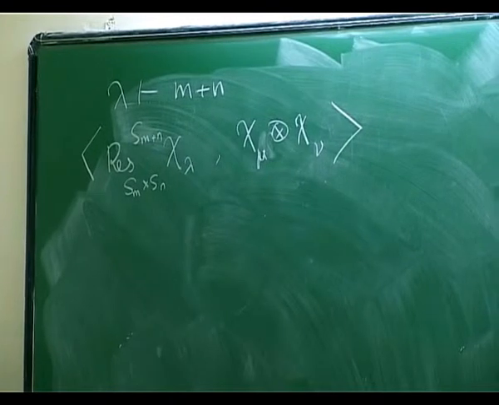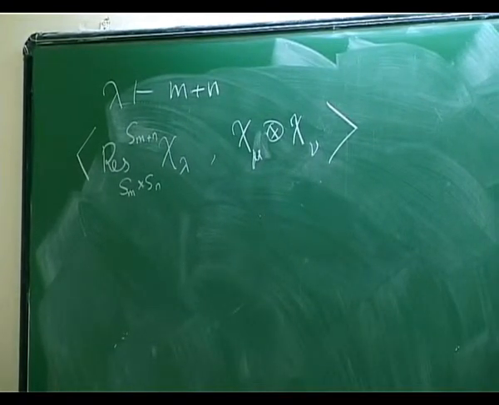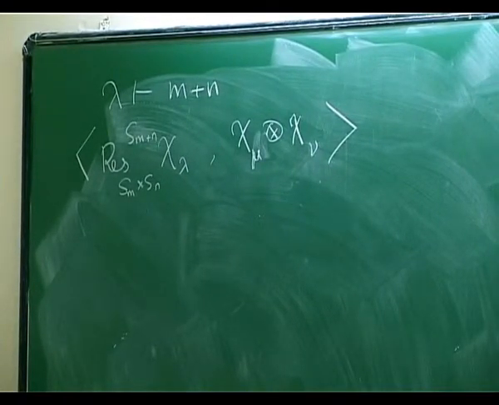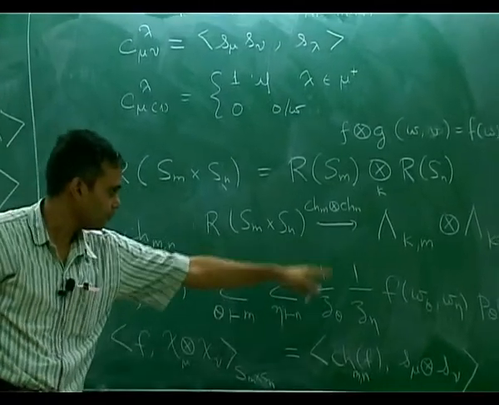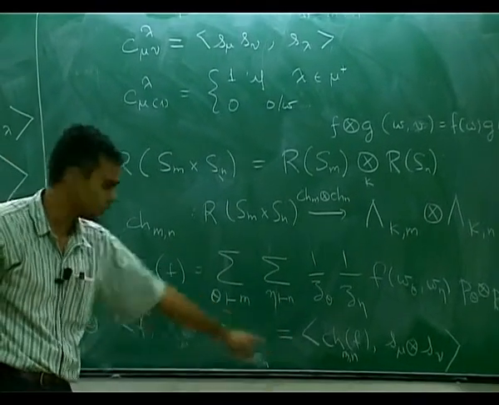And for this we'll use the second rule that I wrote. Well, both these rules actually. We have to compute the characteristic function using this formula, and then we compute the inner product using this formula.